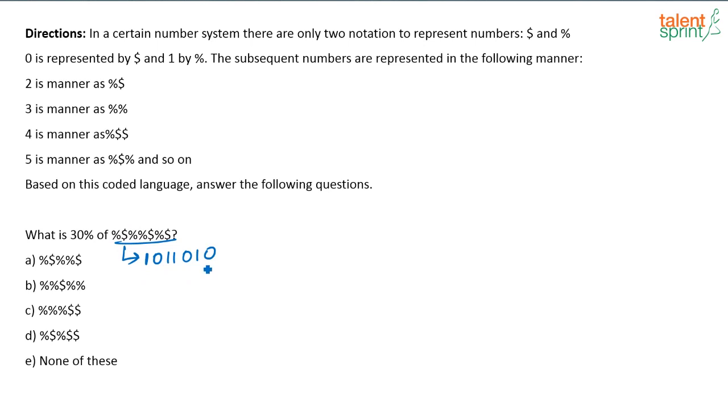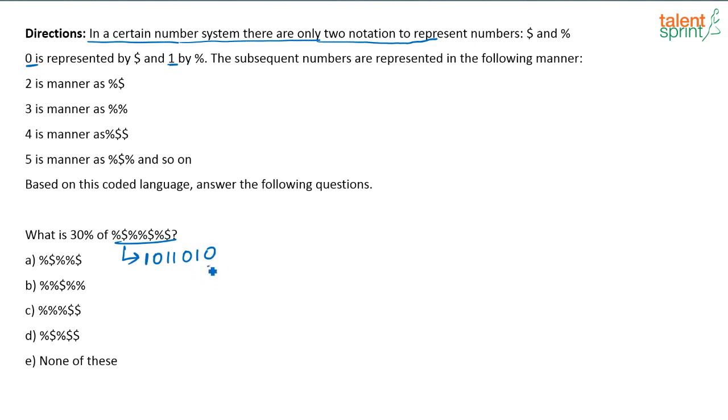Now this is in what units? It is in binary. They have given here clearly, in a certain number system there are only 2 notations, 0 and 1. Whenever such things come, understand it is binary. So what is this number in terms of the decimal number system?